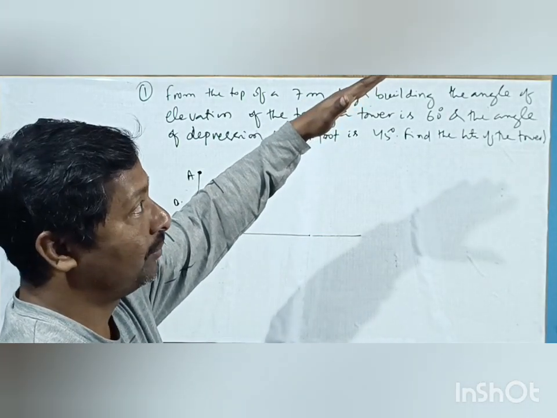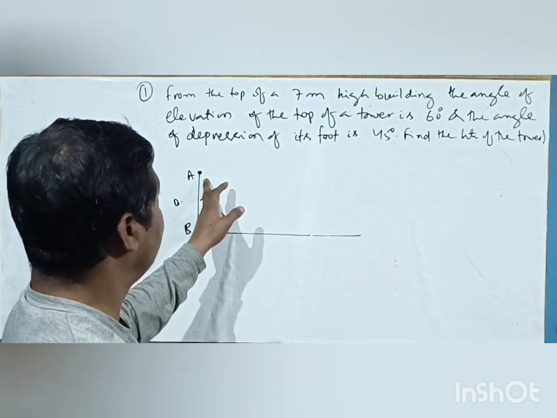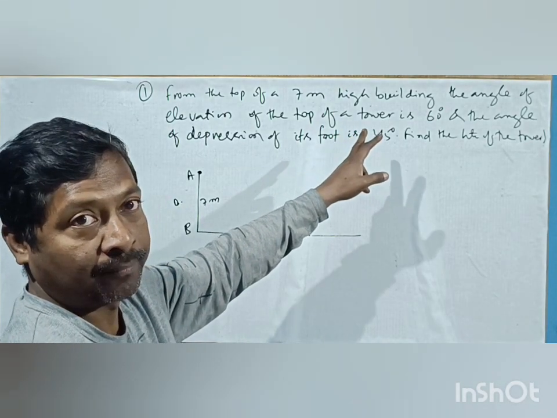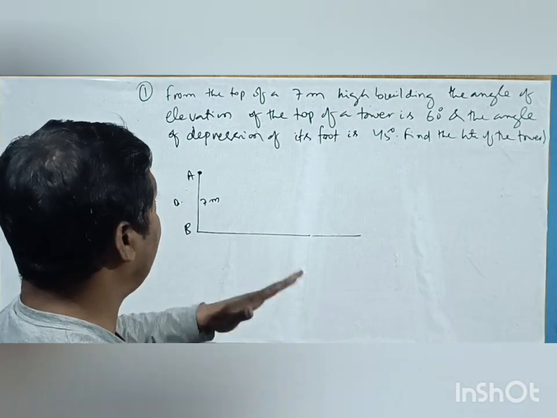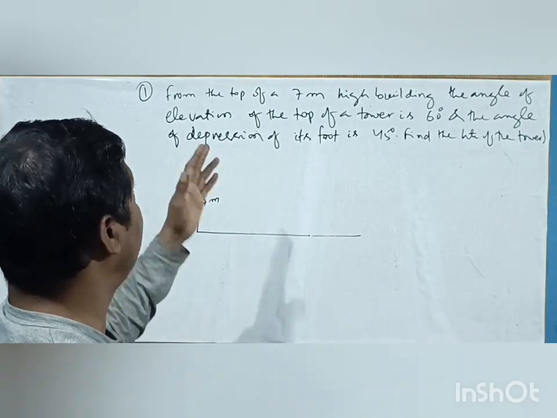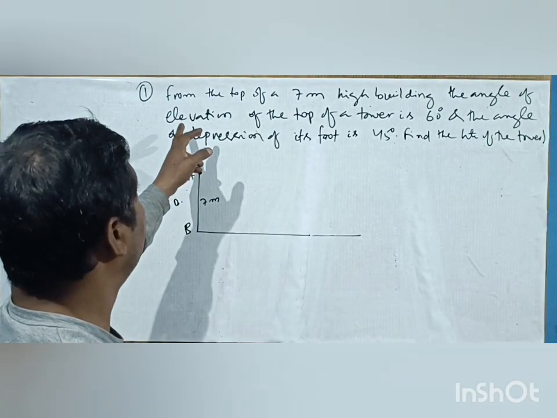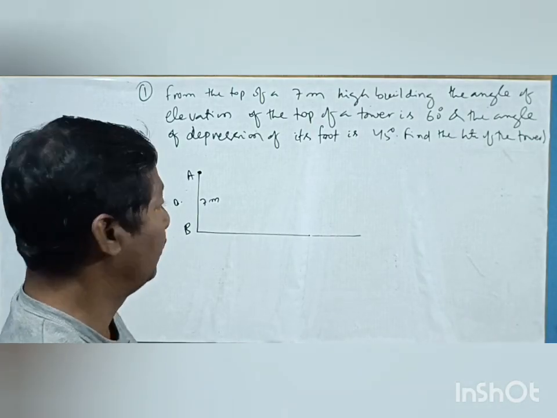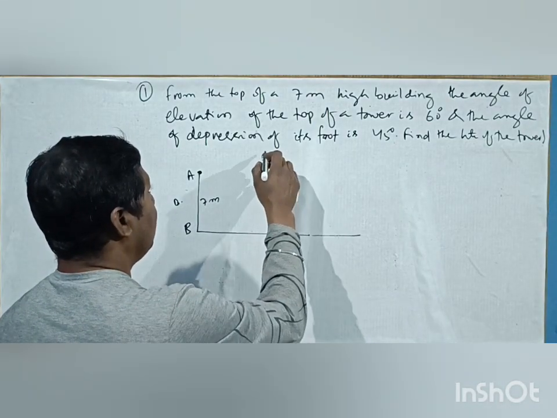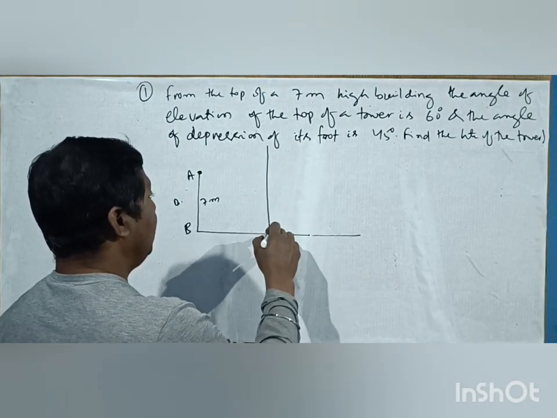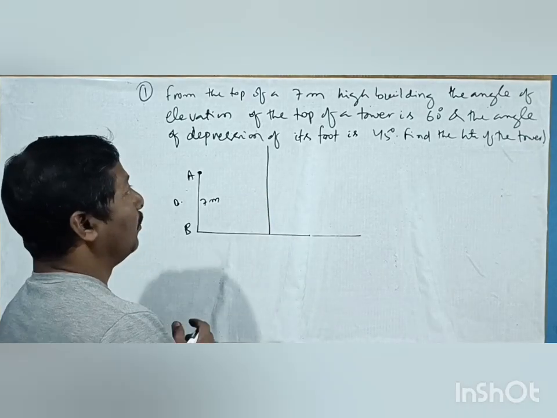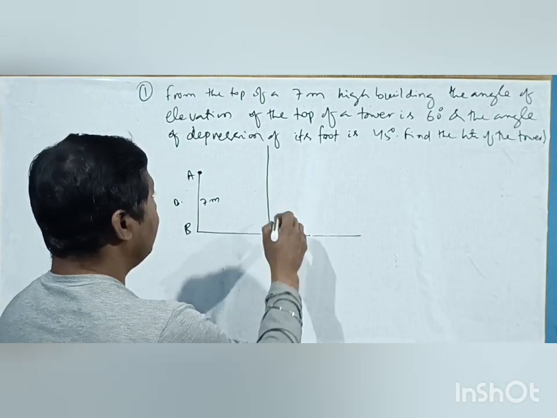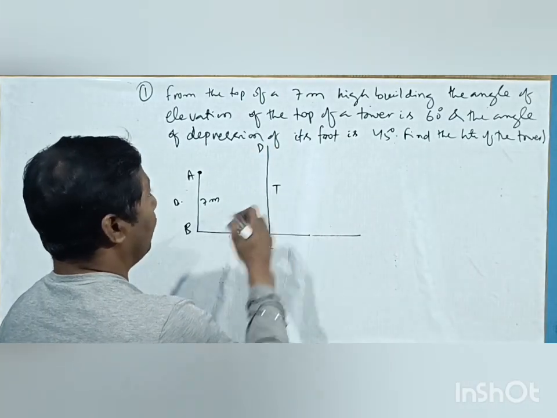That means from here the angle of elevation is 60 degree upward. It means that the tower is higher than the building. So the tower must be of more height than the building. It is confirmed. This is the CD, this is the tower.